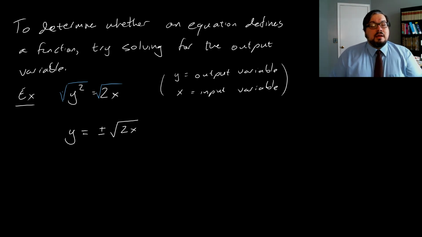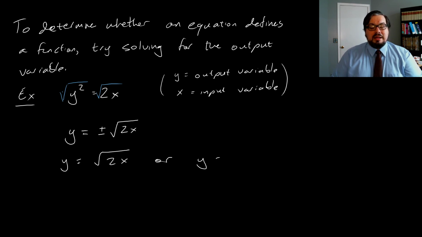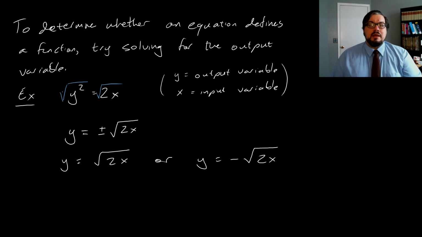And this is precisely where the key is. So we get that y is equal to the square root of 2x, or y is equal to minus the square root of 2x. And this means that as long as the square root of 2x is not 0, y has two separate outputs that it could have for a given x.